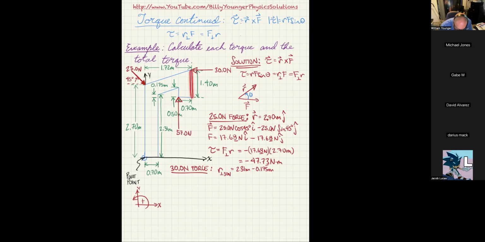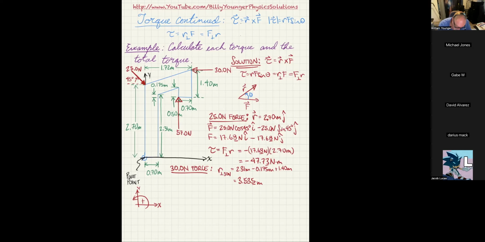And now I need to add 1.40 meters. And that gives me 2.31 minus 0.175 plus 1.40 equals 3.535. Now we can tell that that last five is an extra digit. It's not really a sig fig, but that is the component of R perpendicular to the force.